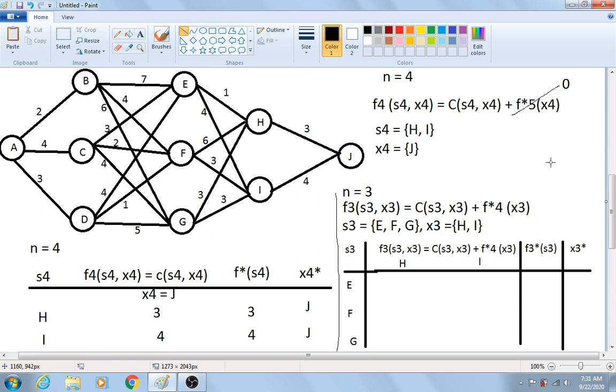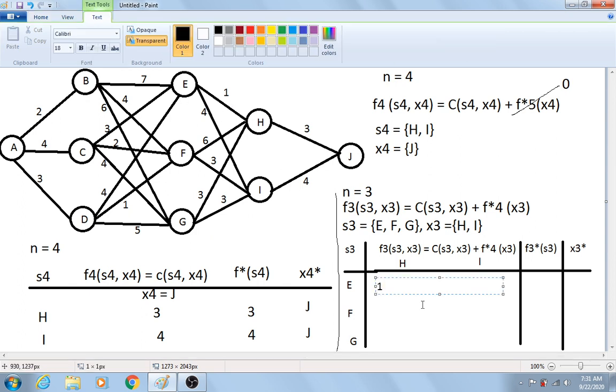Okay, now if we are at E and we want to go to H, E going to H, the cost is 1. Okay, cost is 1. But remember, what is the value of this? The optimum value, if we are on stage number 4 and we choose x3 as H, so we go over here, H, what is the lowest cost?